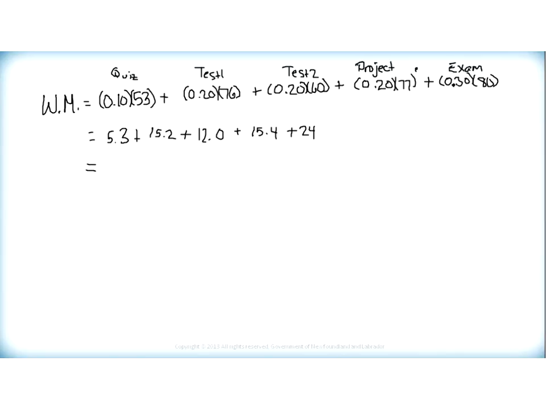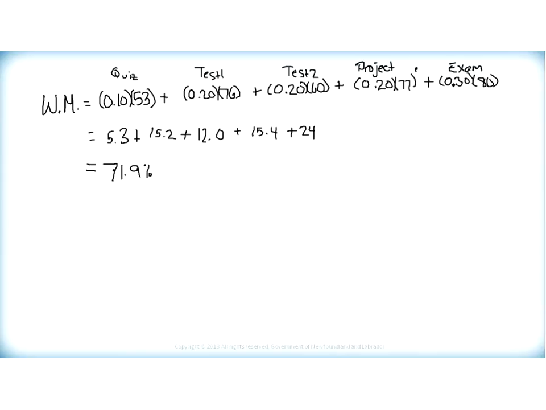So finally, we add all those numbers together. 5.3 plus 15.2 plus 12.0 plus 15.4 plus 24.0. That gives us an overall mark of 71.9%.